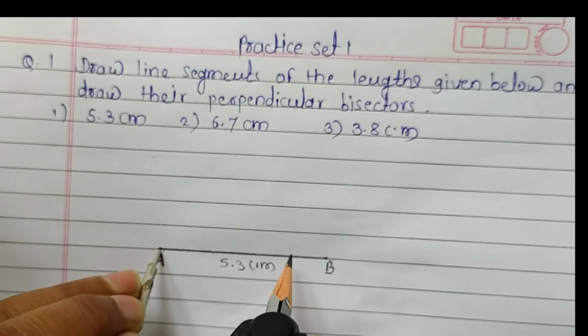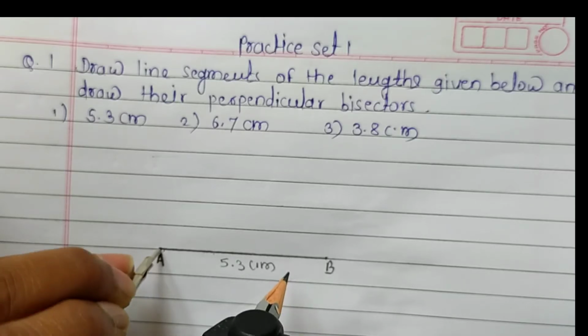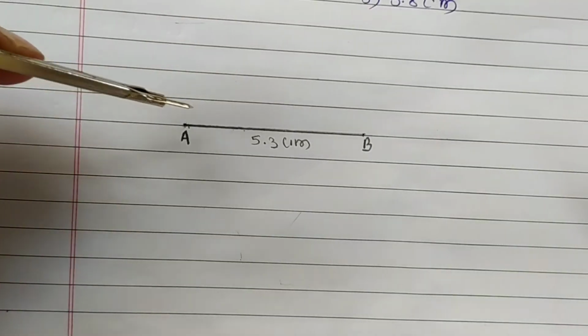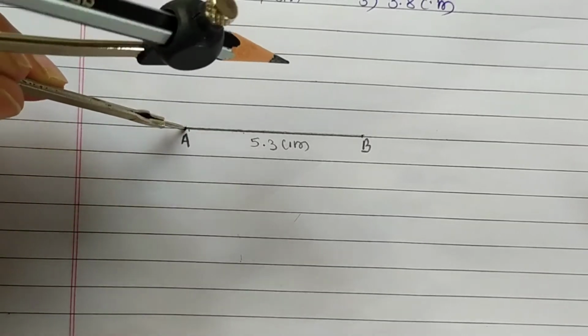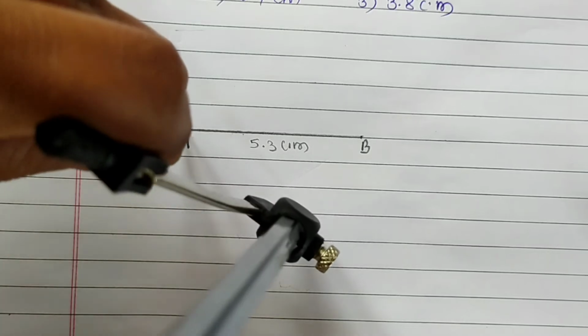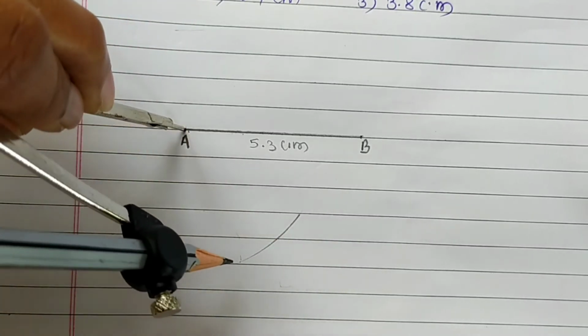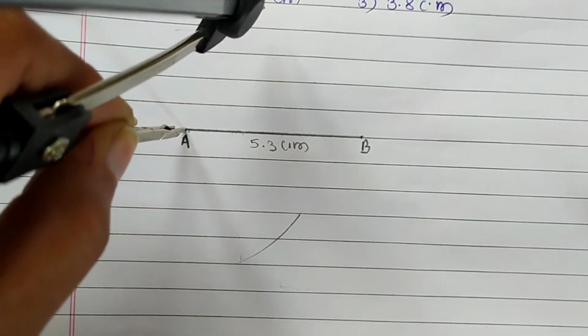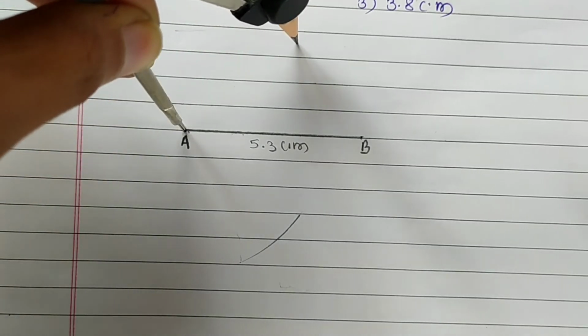Now draw 2 arcs, one below and one above segment AB. One below our segment AB like this and one on the upper side like this.